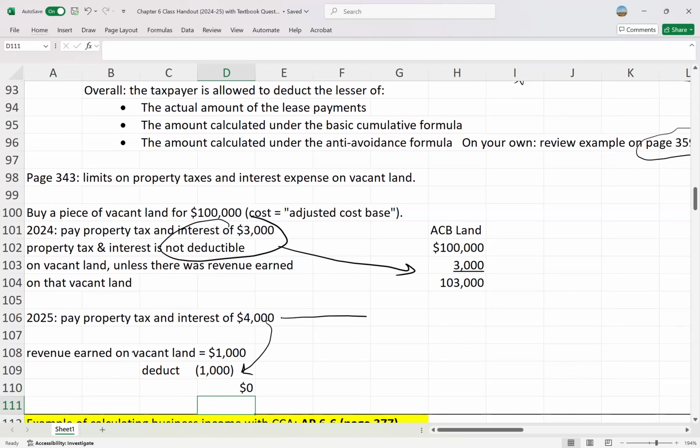And then the remaining amount, once again, it just happens to be $3,000, the undeducted amount, gets added to the adjusted cost base. And so the adjusted cost base of the land now is 106,000. I wanted to go through that rule with you because it is talked about on page 343, but it doesn't provide the best example, in my mind, as to how those rules operate.